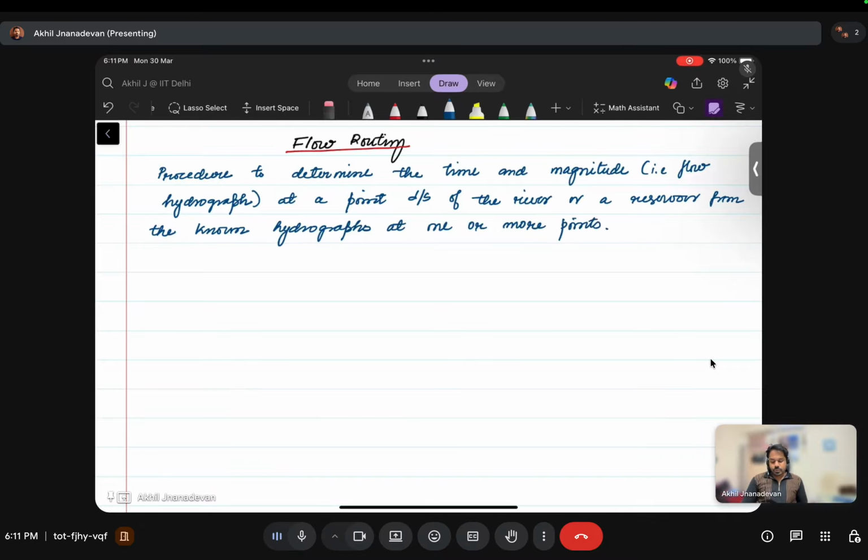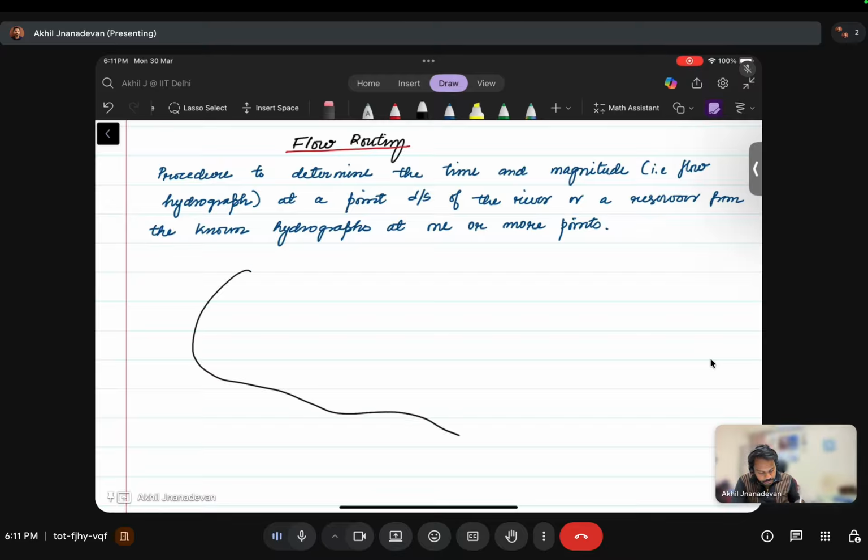It is a procedure to determine the time and magnitude of a flow hydrograph, that is, we have to find the flow hydrograph at a given point that can be in the downstream of the river or in the downstream of a reservoir, and we are given the known hydrographs at one or two points in the upstream. That is the meaning of flow routing.